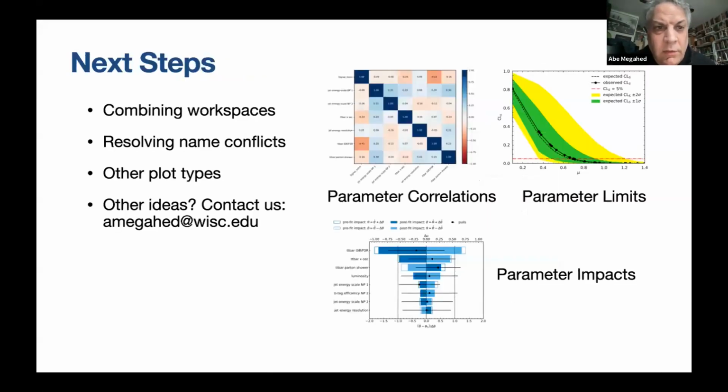Then these are some ideas for next steps. Right now we're working on a method for combining multiple workspaces and resolving name conflicts in the process. And we're looking at some of these other plot types.